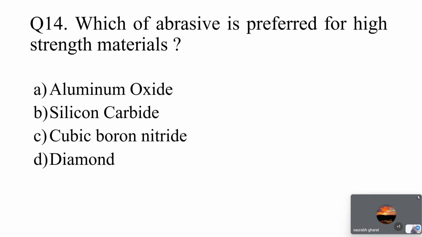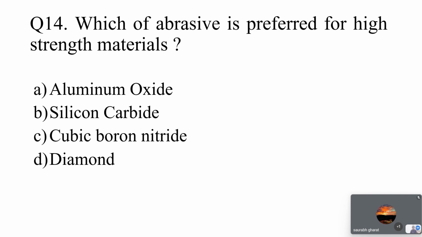Which abrasive is preferred for high strength materials? You simply gave it in your slides, but the question is what can we use for it? What can be used for high strength materials? Because mostly you can use diamond also. It is not a problem, but it will be highly expensive. You are using too much cost, like a pen that will cost 1,000 rupees. What's the use of it?